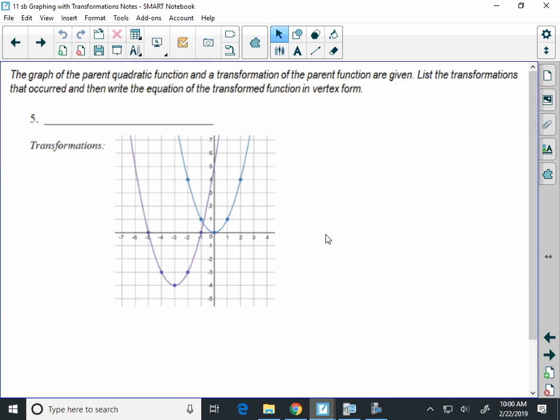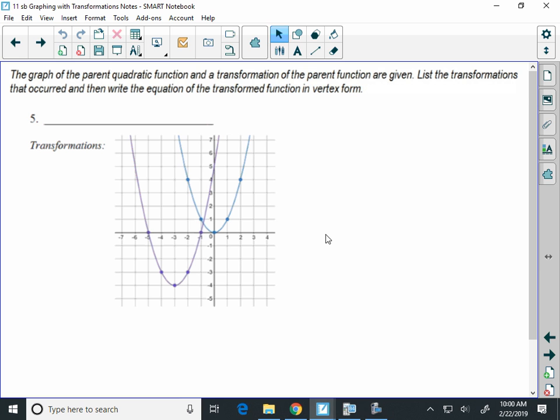So the graph of the parent quadratic function and a transformation of the parent function are given. List the transformations that occurred and then write the equation of the transformed function in vertex form. Well, what I can recommend on these is that we start with the vertex. In the blue graph is the parent function, and the purple graph is the transformed function.